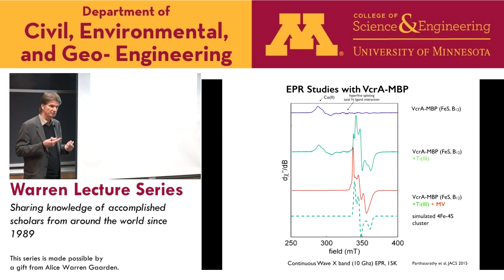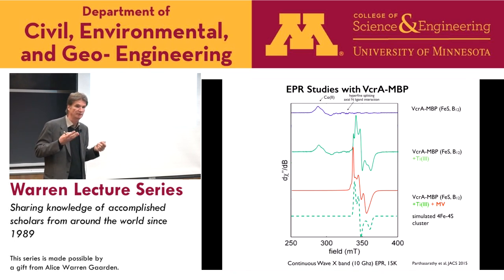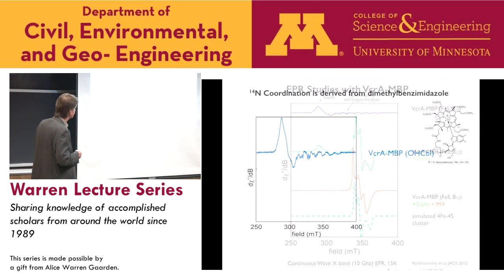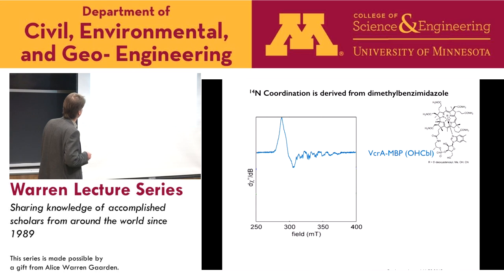So the heterologously expressed enzyme just behaves like an enzyme that is active in taking up electrons, reducing the iron-sulfur cluster, and also reducing cobalt-2 to cobalt-1, which is important for catalysis. This hyperfine splitting in the enzyme, basically this region here, raises an interesting question where it comes from. And we use basically adenosylcobalamin.